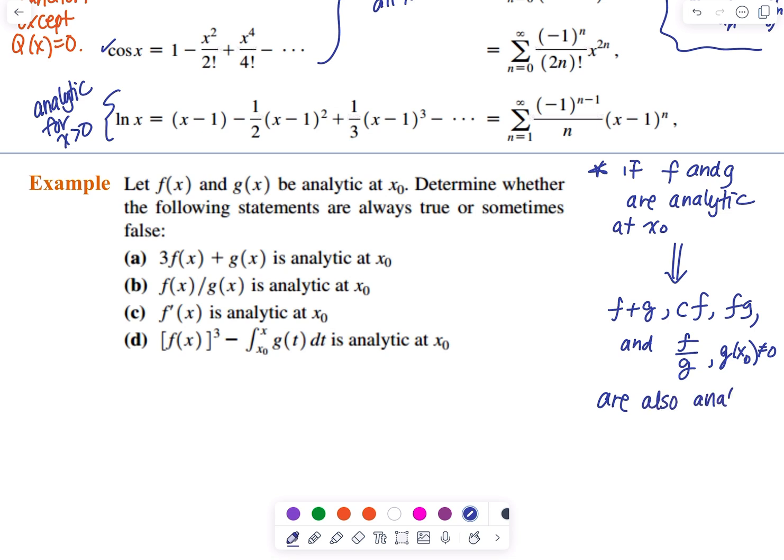So let's go ahead. That really helps us with this example.